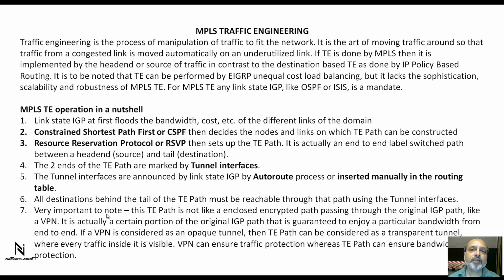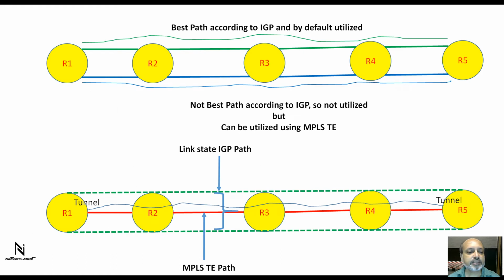So if you are considering a VPN, you can consider it as a closed tunnel path, a covered tunnel path that goes through the IGP domain. That is, if this red line happens to be a VPN, then you can consider it as an opaque path through the IGP domain. The rest of the IGP domain will not be able to see what is going through this VPN path.